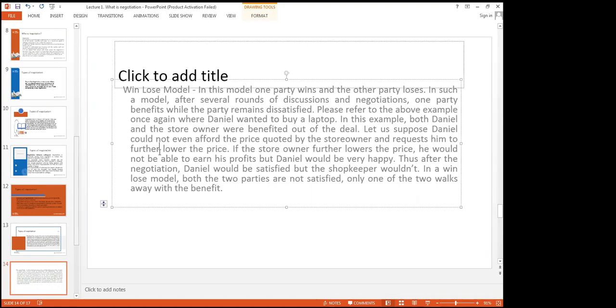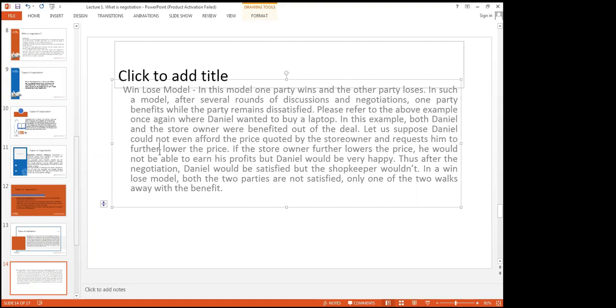Possibly there might be a loss on the part of the store owner. If the store owner further lowers the price, he will not be able to earn his profits. But Daniel will be a very happy man. Thus, after the negotiation, Daniel would be satisfied, but the shopkeeper wouldn't. In a win-lose model, only one of the two walks away with the benefit.